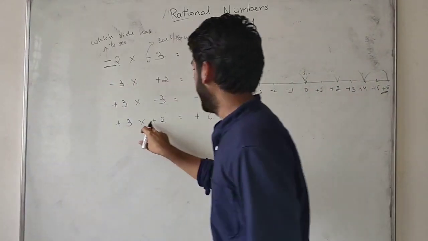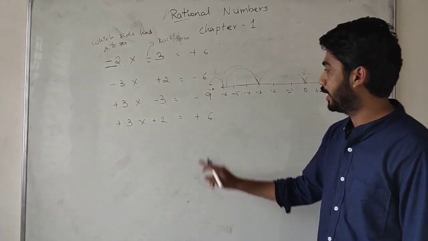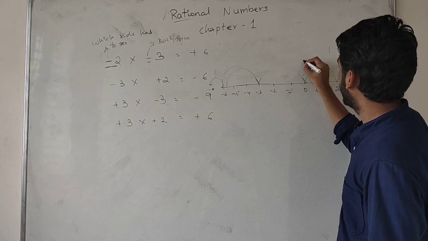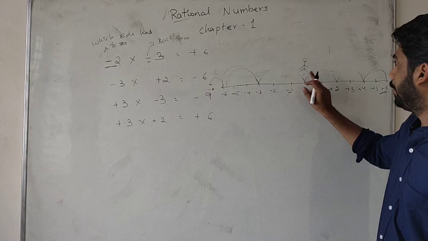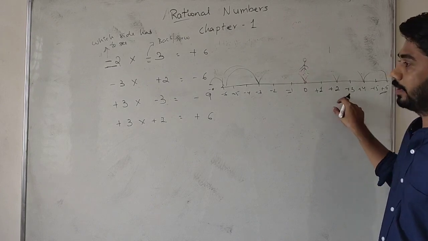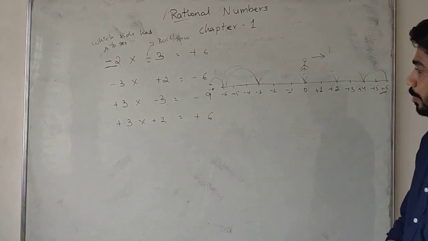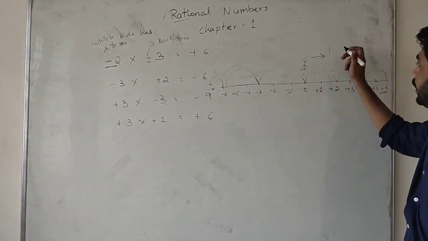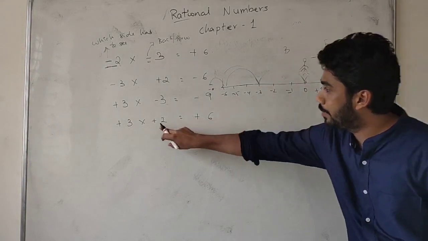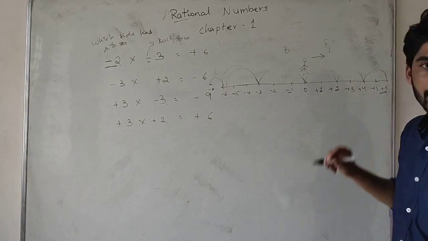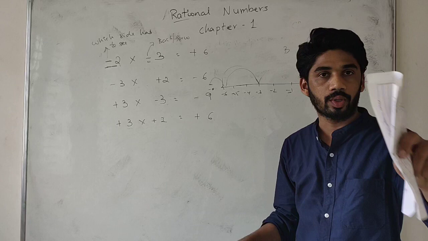So next one, +3 into +2, how it is +6. So friends, first you are standing here at 0, the neutral point. So +3 means you will see this side first. Again +3 means now if you see this side, it will be forward and this will be backward. So again plus means it will be forward only, you have to move. From your 3 steps you have to take only 2 times.